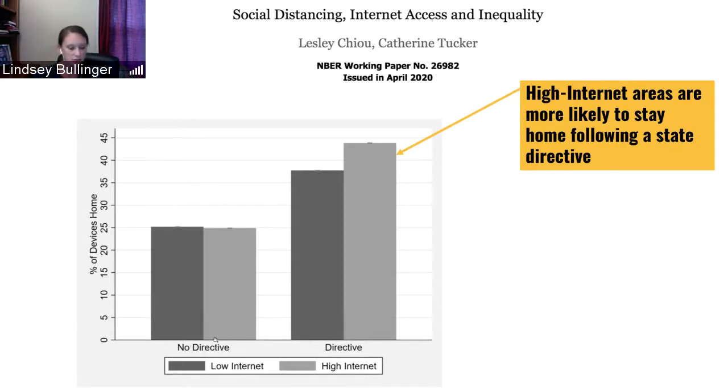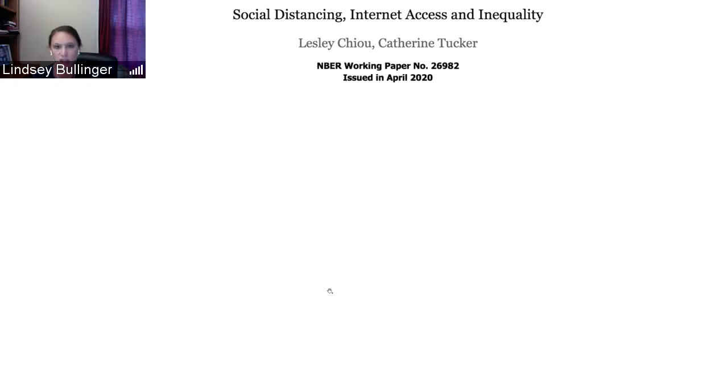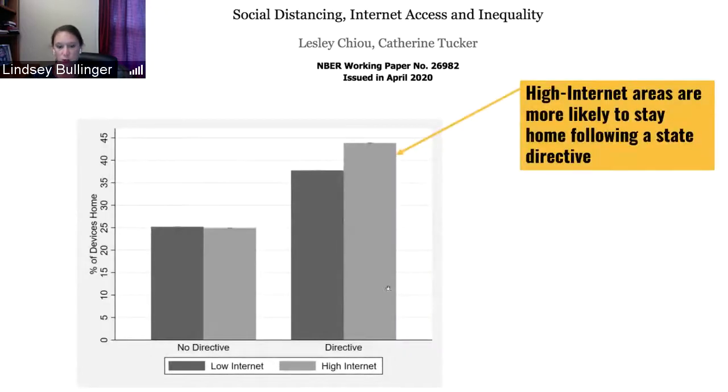The bars on the left show there's really no difference across internet access in states that did not have these stay-at-home orders. However, in states that did enact stay-at-home orders, internet access was a driving factor for the ability to stay at home.